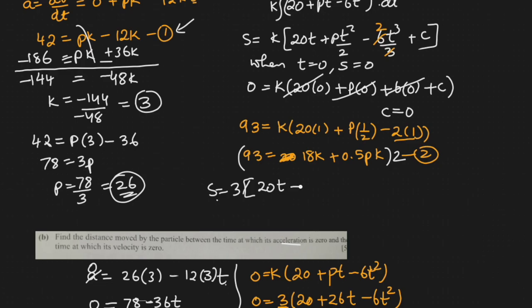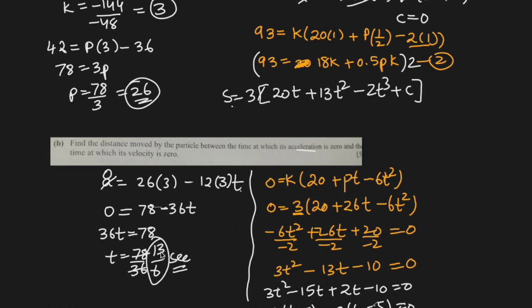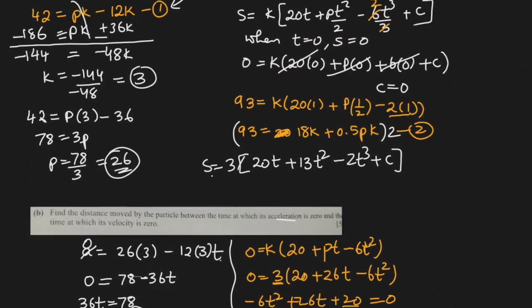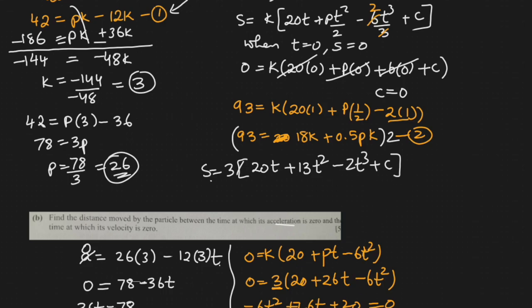So it will be 13t square minus 2t cube plus c, and we want from 13 over 6 to 5. These are the two times between which we have to find the distance.